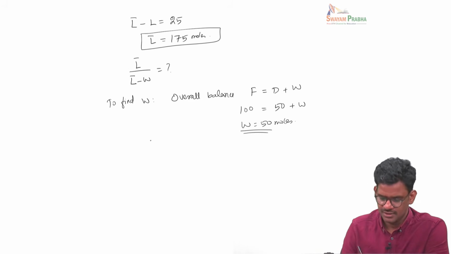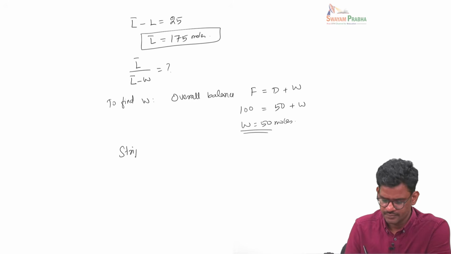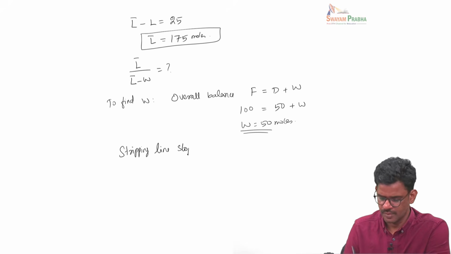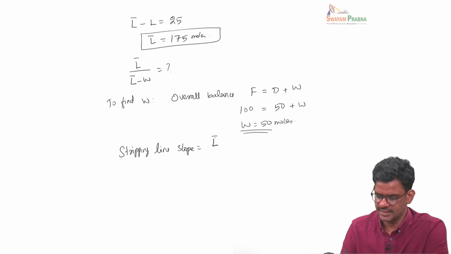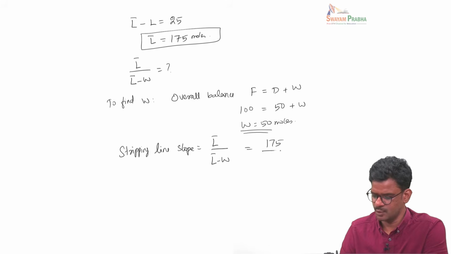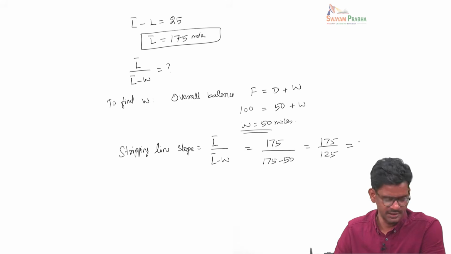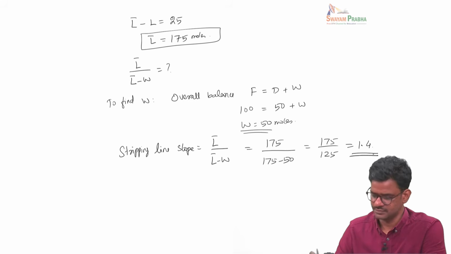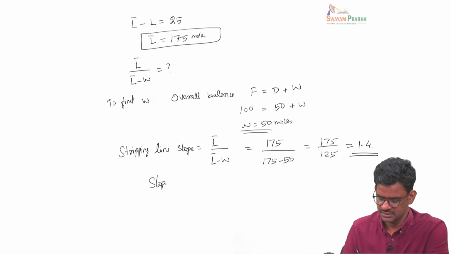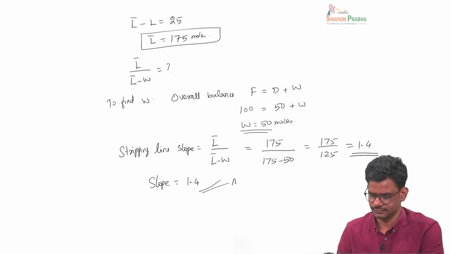So, the stripping line slope is then L bar over L bar minus W, which will be 175 over 175 minus 50. So, that is 175 by 125, and this is about 1.4. So, slope is equal to 1.4, that is the answer.